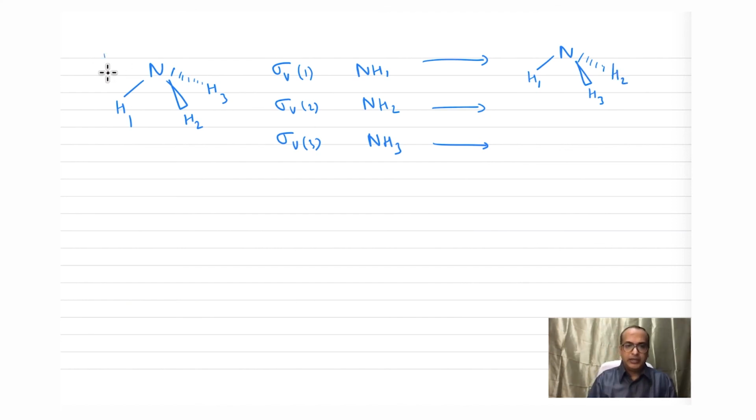The plane is like this, so H2 is coming out of the plane of the board and H3 is going behind the plane of the board. So H2 and H3 will be reflected, while N and H1 are contained in the plane, so they will not change.